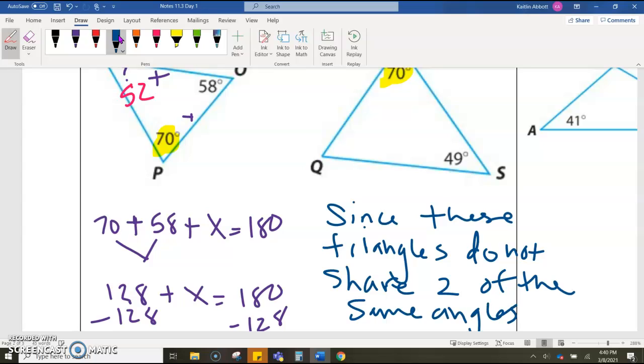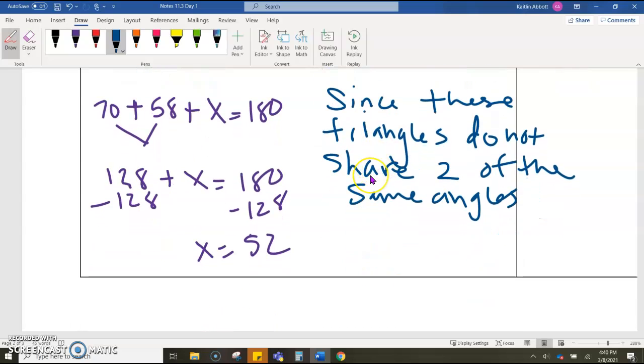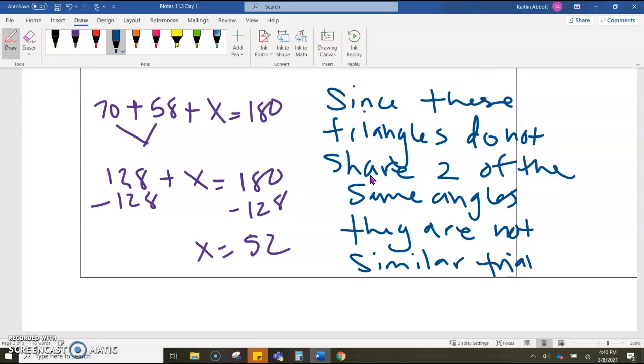I know what you're thinking. We have to write in math? Yeah, you do. Since these triangles do not share two of the same angles, they are not similar triangles. Okay?